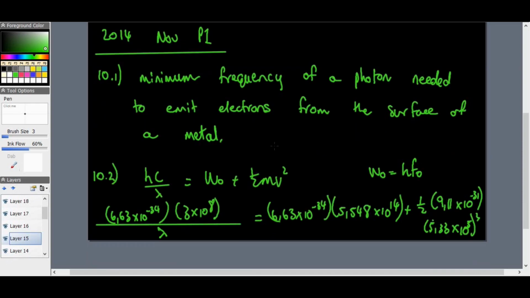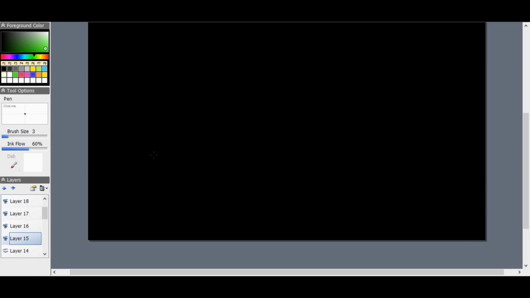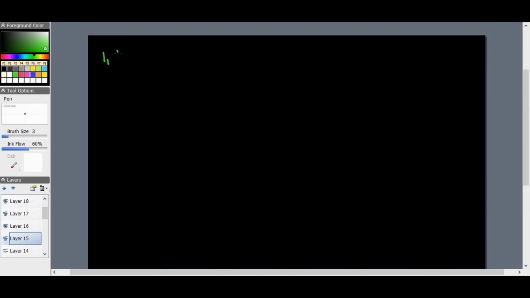The numerator on the left hand side, 6.63 times 10 to the power of negative 34, times 3 times 10 to the power of 8, should give me up top here 1.989 times 10 to the negative 25 all over lambda.